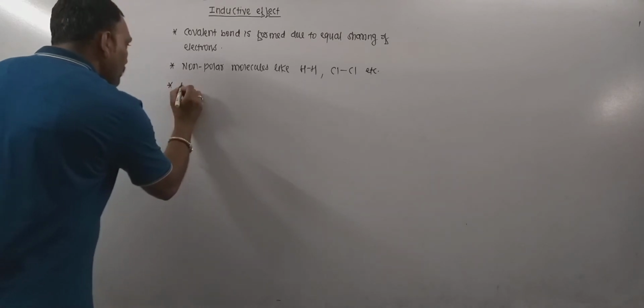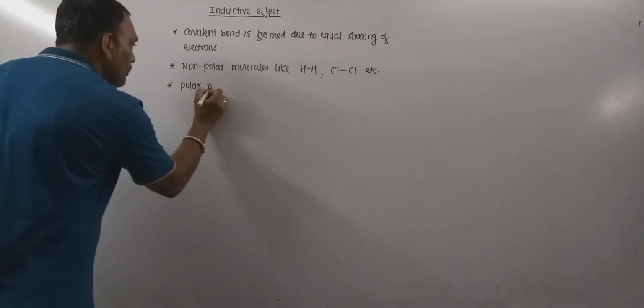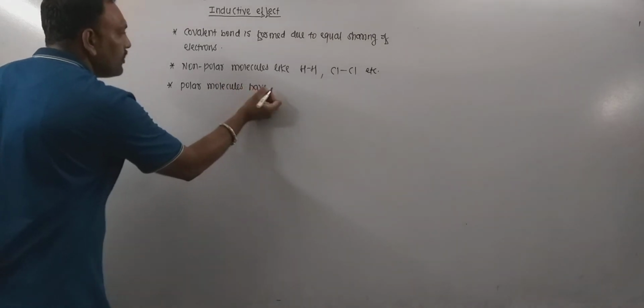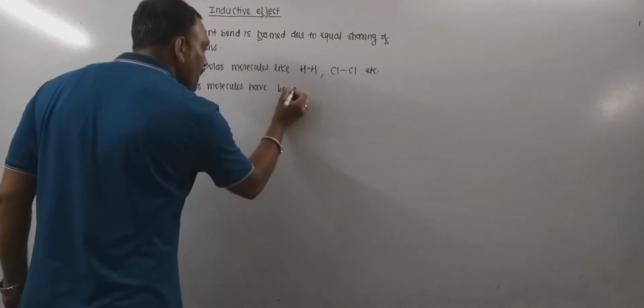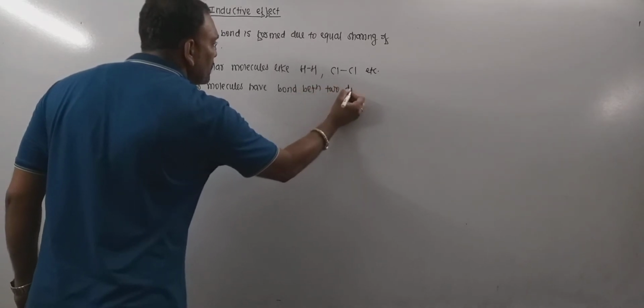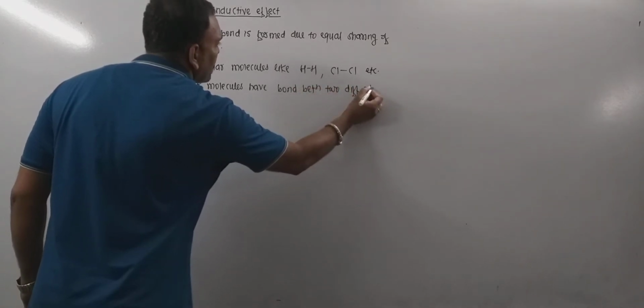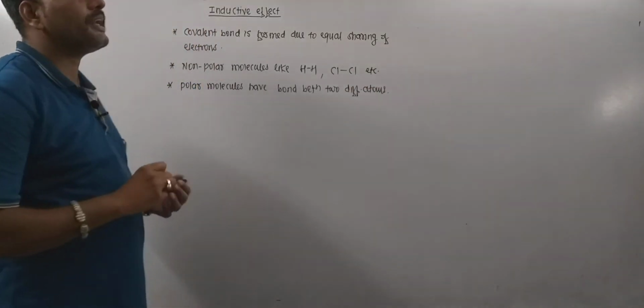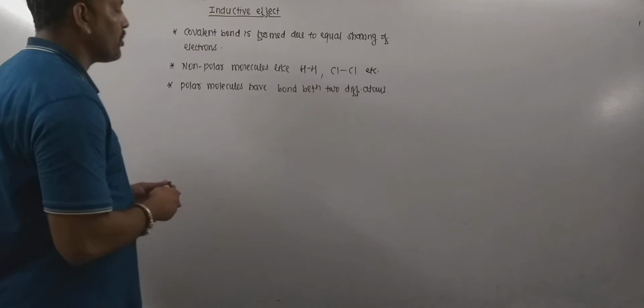So remember, polar molecules have a bond, that is a covalent bond, between two different atoms. And if atoms are different, then definitely their electronegativities differ for sure.